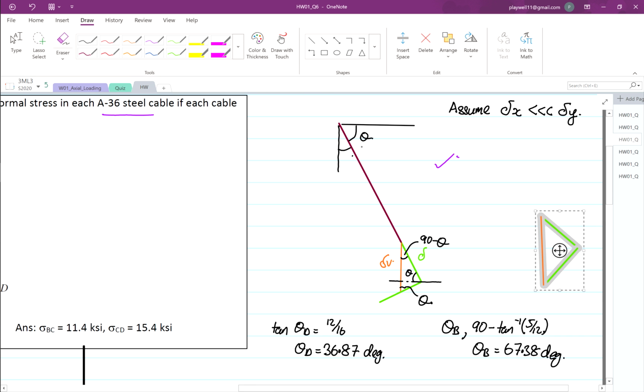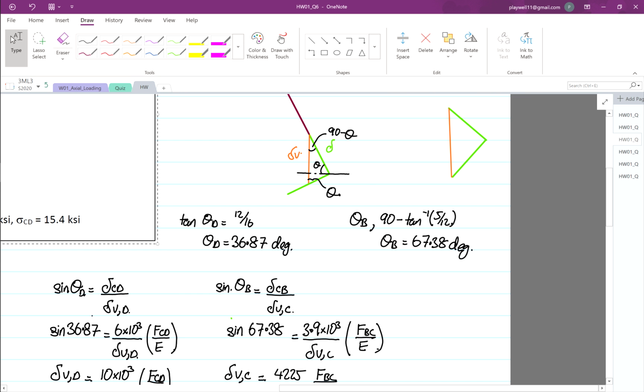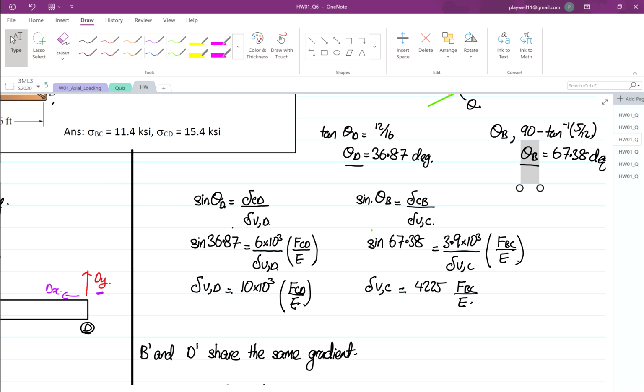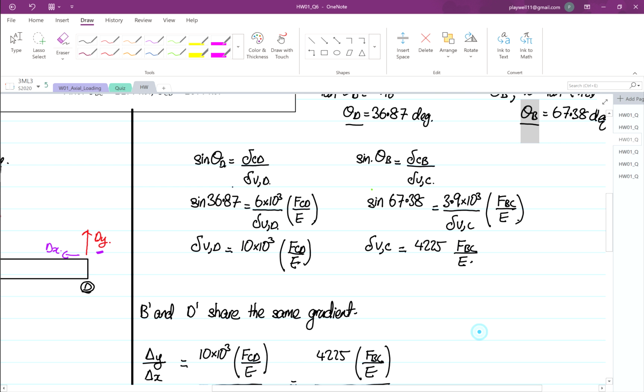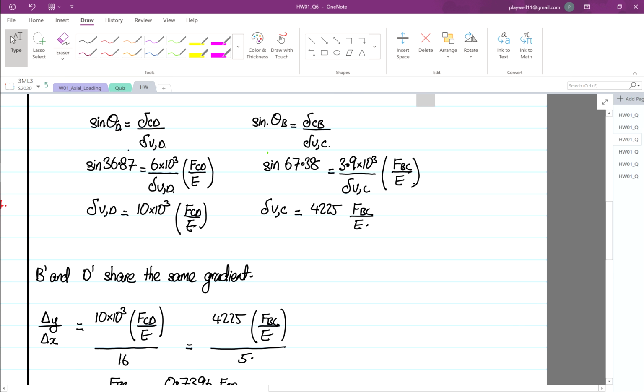So now I relate with the angle theta. Depending on what you're looking at, if you're looking at DC, you can find theta D. If you're looking at BC, you find theta B, like what I've drawn over there. So from here, you'll get your theta D and your theta B. And then a very similar equation to what we had before. Then B prime and D prime share the same gradient. What do I mean by that?